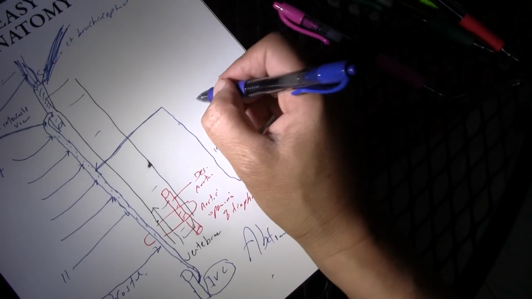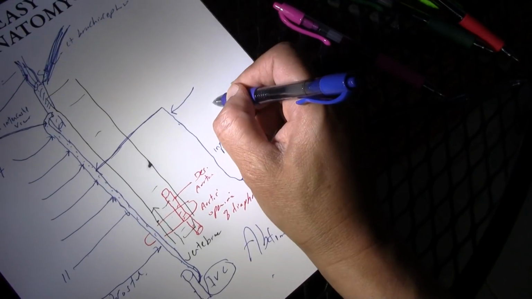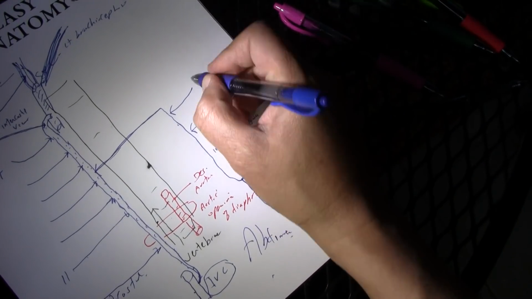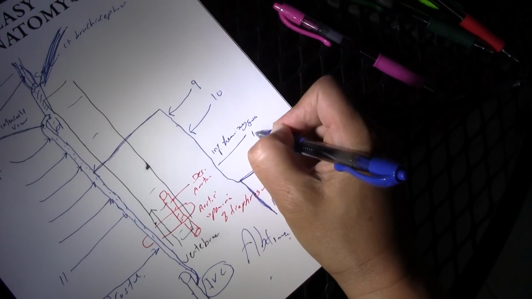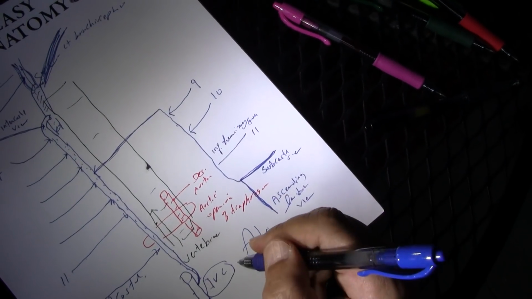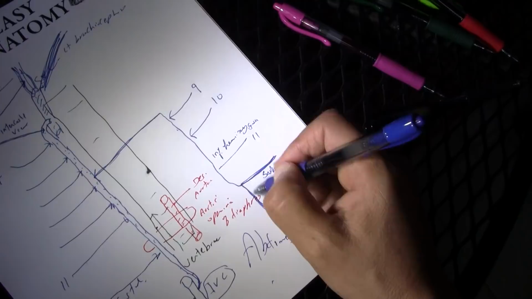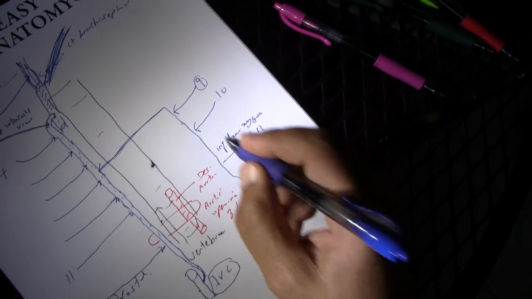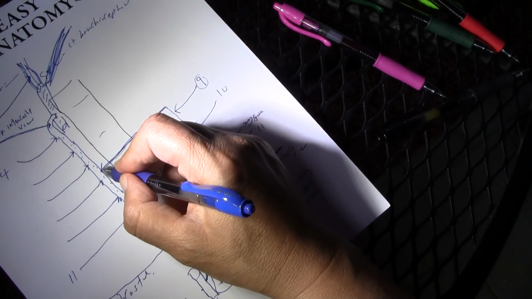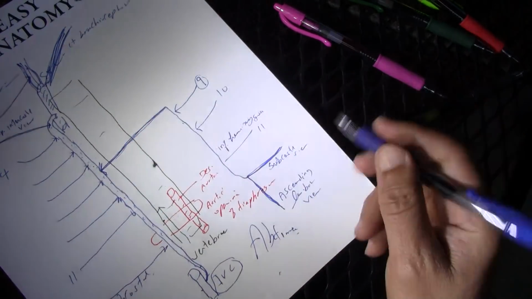On its way up, it receives posterior intercostal veins from number 9, 10, 11 plus subcostal. So this is the inferior hemiazygos, and at the end of the day it is going to end into the azygos vein.